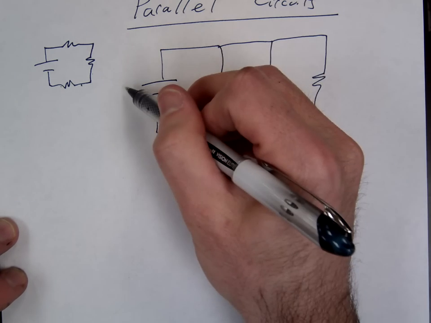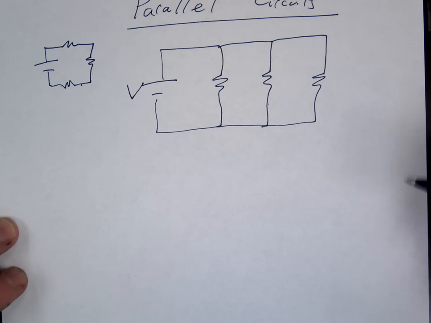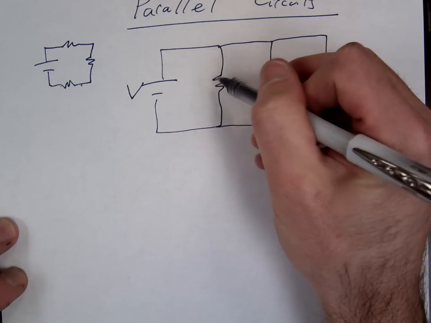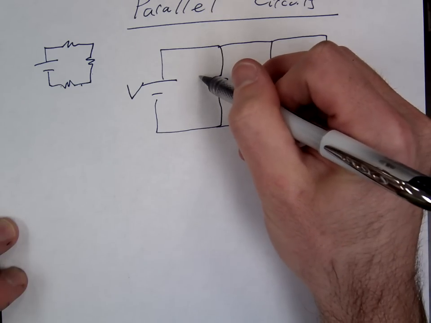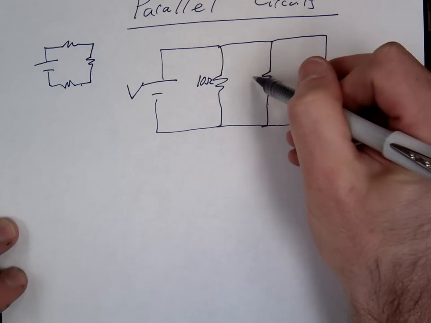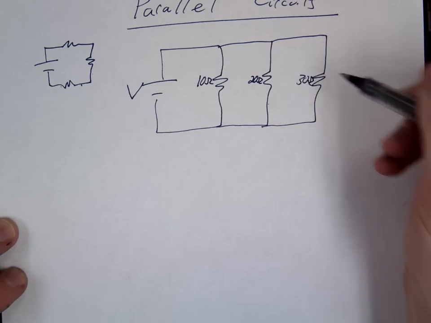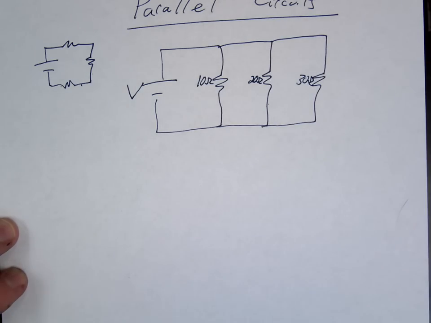So if I put a voltage here, let's compare with yesterday. We had our voltage here, we had a resistor here. How much was this resistor? 10 ohms, 20 ohms, 30 ohms, right? So we have our resistors, 10, 20, and 30. Now what I would ask you to do again is to solve this circuit, to simplify and solve it.